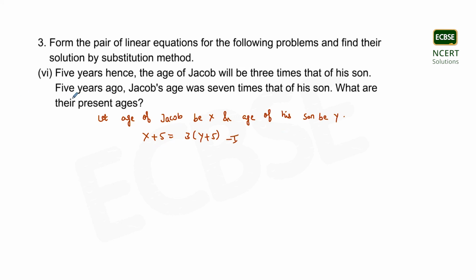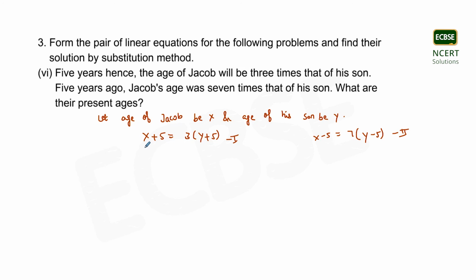And also it's been given that 5 years ago, Jacob's age was 7 times that of his son. So the mathematical expression will be x minus 5 is equal to 7 into y minus 5. Let this be equation second. Okay.